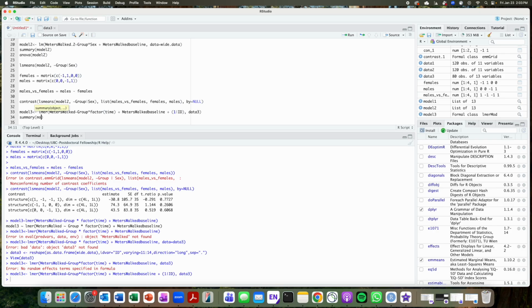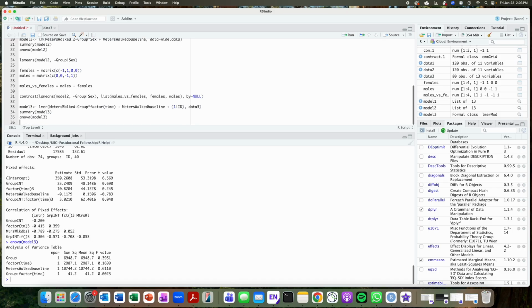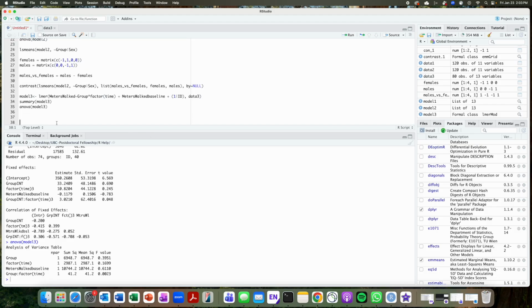We can just look at it really quickly. Here's our summary, and then if we want to look at the ANOVA for it, this is what we would get. But that doesn't really tell us anything in terms of being able to see whether there are time effects. And again, for our primary endpoint for this model, let's just assume it's time point 3. So to do that, we need to use that LS means statement.